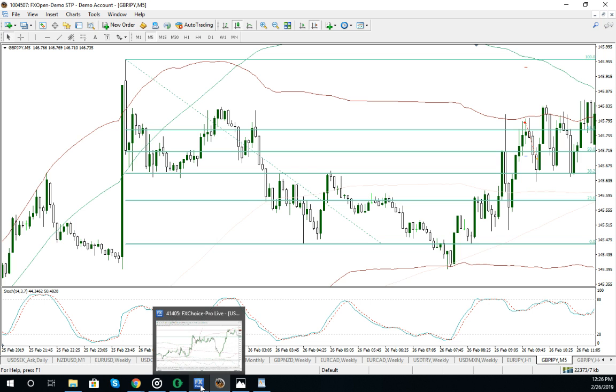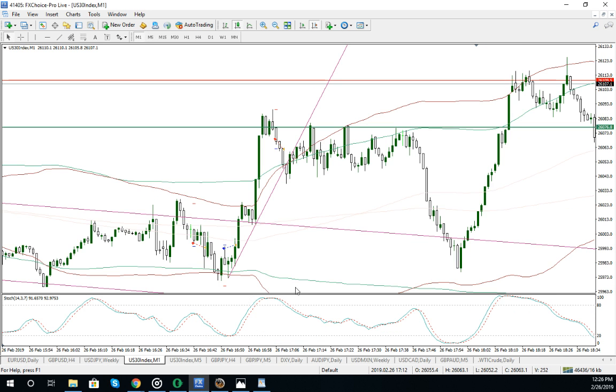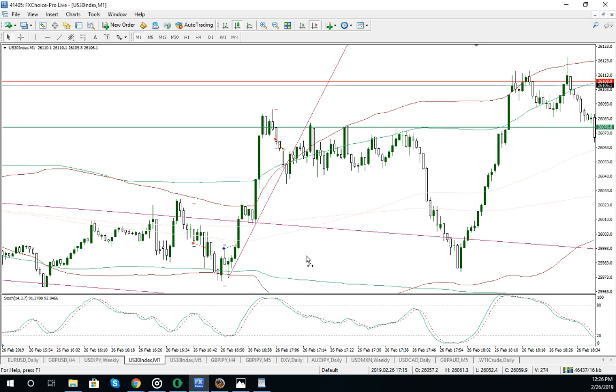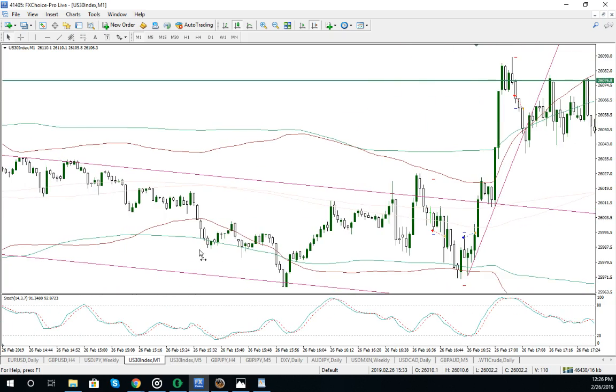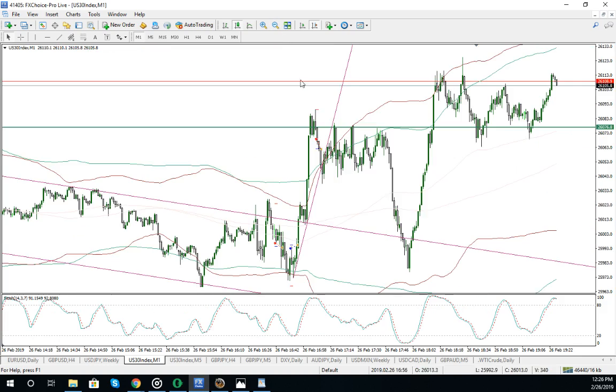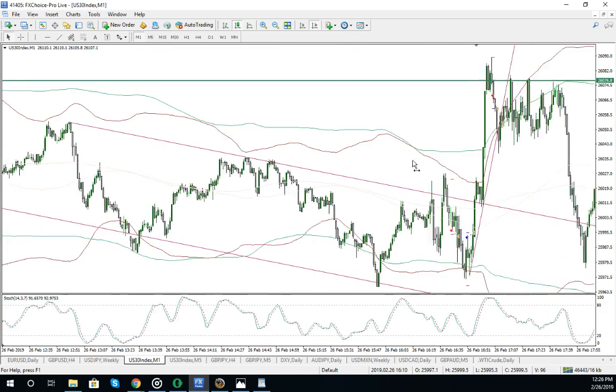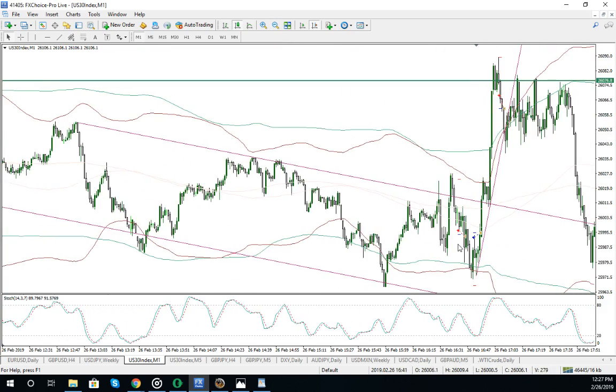On to today, where we did some scalping on the live account. Let's zoom out a little bit here. The market opened around this time. I had a channel drawn here.